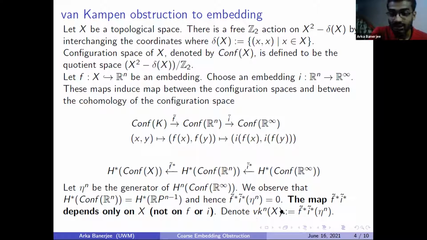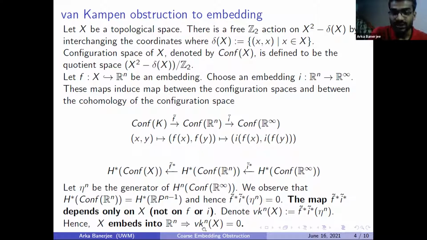So I can denote that class by vkn of X. The vk stands for Van Kampen, but the meaning of this notation is that the class only depends on X. So you can calculate this class without having any map to start with. And so the summary of this discussion is this: we started with an embedding of X into Rn, and from there what we saw is that some class vkn of X vanishes.